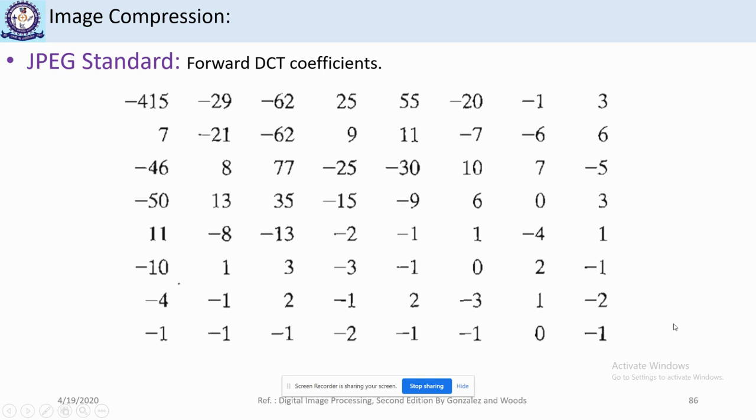If we look at this sub-image, the DC coefficient is quite large in magnitude, the lower frequency coefficients are moderate in magnitude, and the higher frequency coefficients are quite low in magnitude. That means most of the information is available in the DC coefficient and low frequency coefficients of the DCT. So we can truncate the high frequency coefficients.